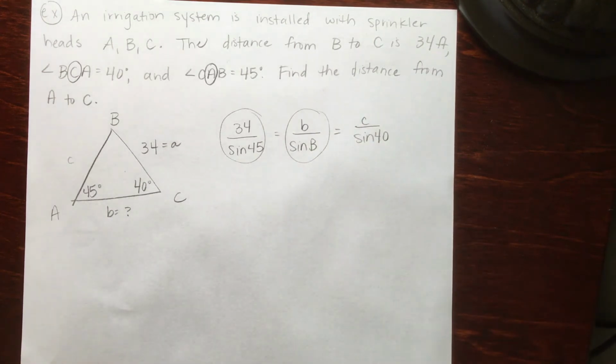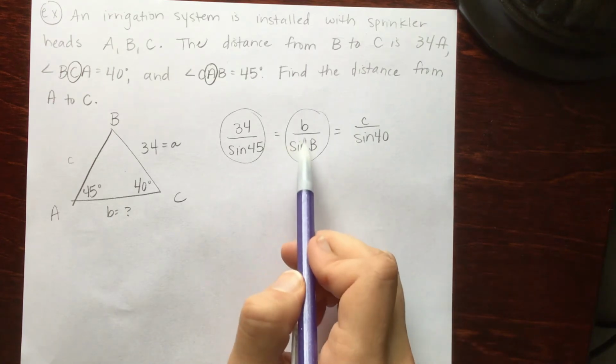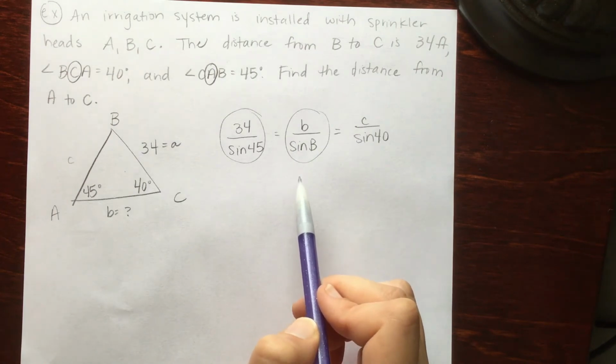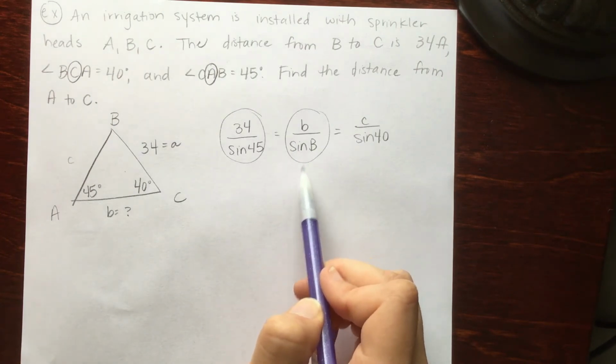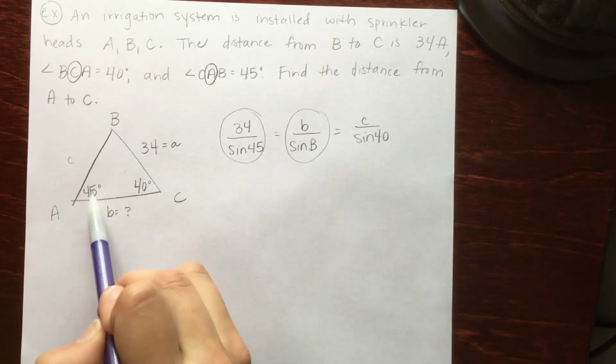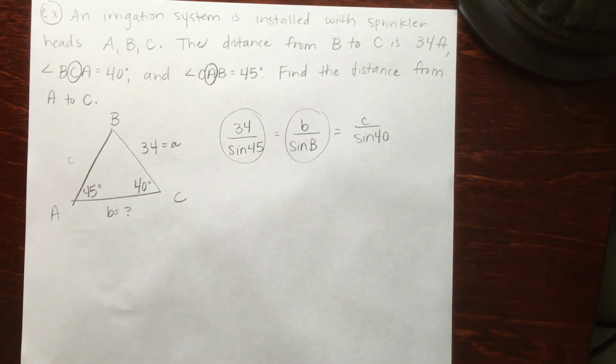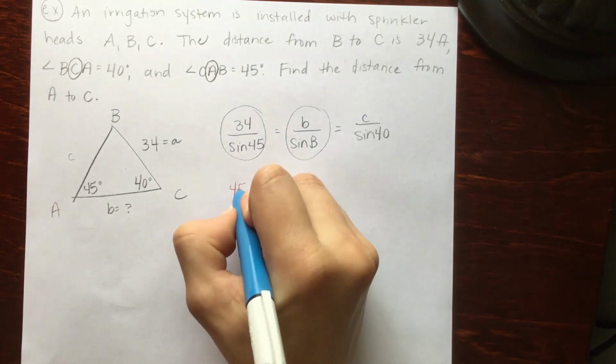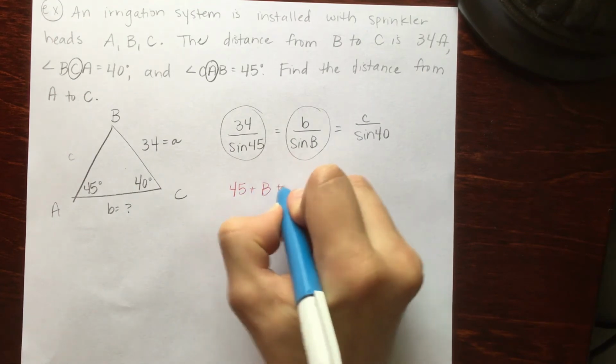But notice, if I tried to cross multiply these two fractions, I'm going to end up with little b equaling big B somehow. I'm not going to be able to just type this into my calculator because I don't have a number here for big B. But we know two of our three angles in the triangle, and your angles in your triangle add up to 180.